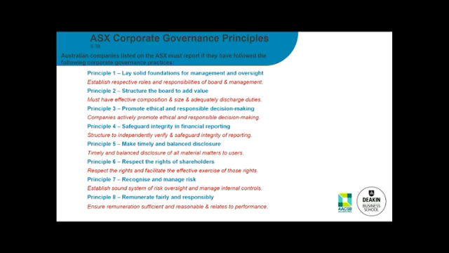So number 1 is about laying solid foundations. 2 is about adding value to the board. 3 is about promoting ethics. 4 is about being honest. 5 is showing timely disclosure. 6 is exercising the rights of the shareholder. 7 is about managing risk. And 8 is ensuring that the directors and other executives are remunerated fairly.